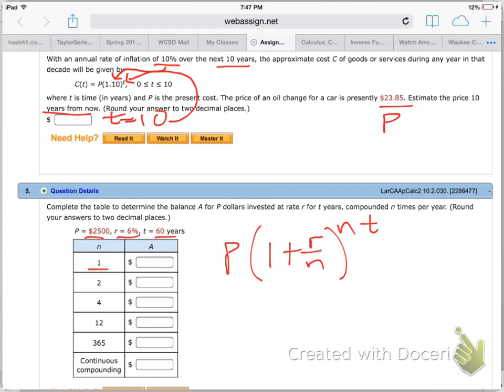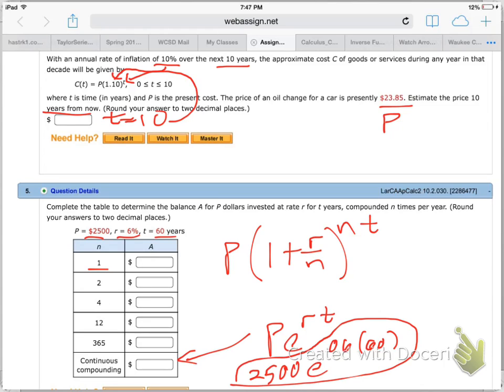For continuous compounding, that changes things, doesn't it? That's when you're going to do P e to the rt, where again P is 2500, and that's e to the r, 0.06, and then t, you're going to do it still over 60 years, so it's still times 60. So this is how you would tackle the continuous part down in the bottom there.